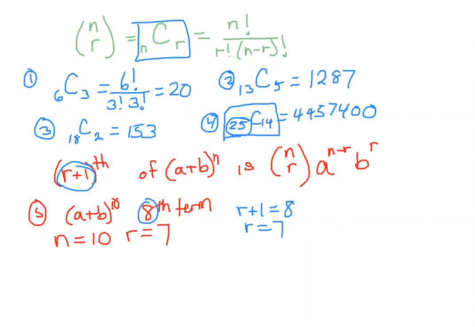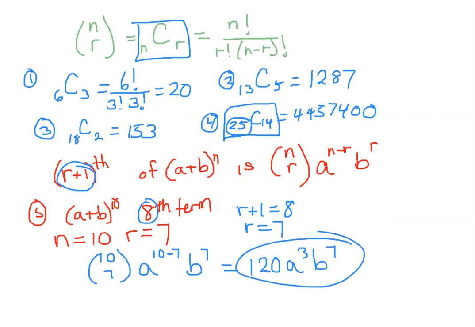So this 8th term is going to equal the combination 10, 7, a to the 10 minus 7, b to the 7. And then you're going to do this on your calculator, and this is going to give you 120 a cubed b to the 7th. And that's your answer. Okay, not too hard, right?